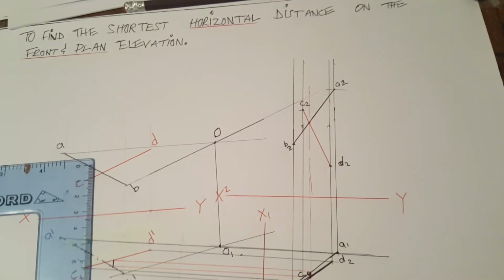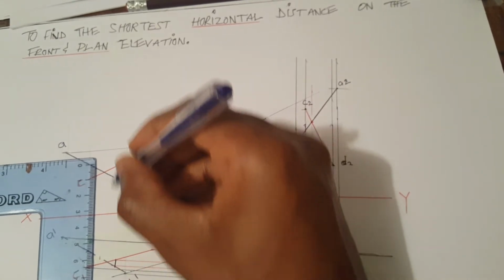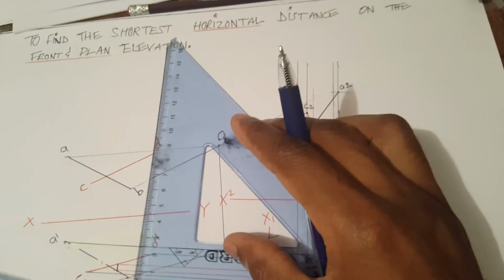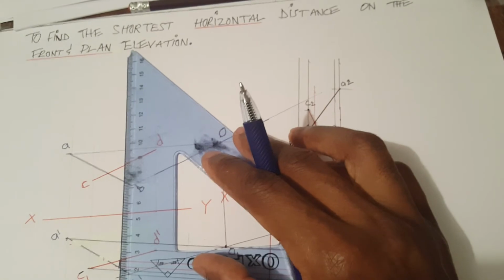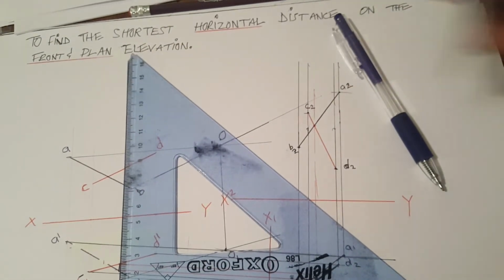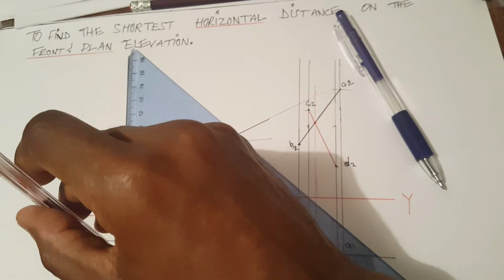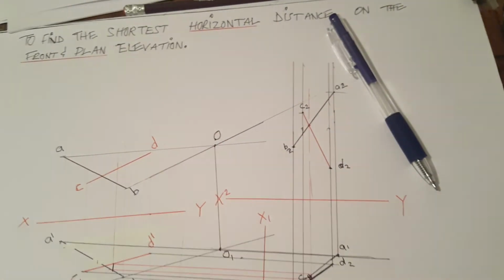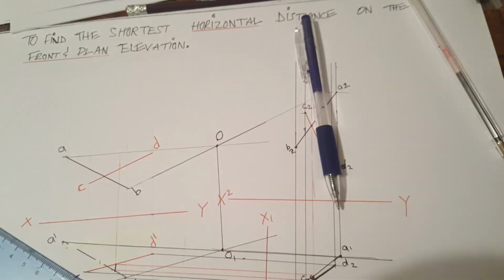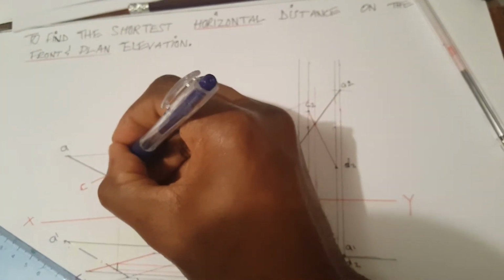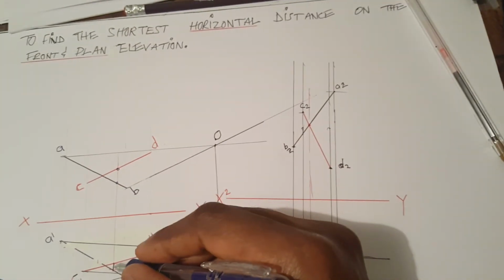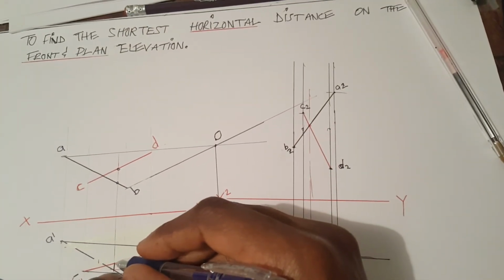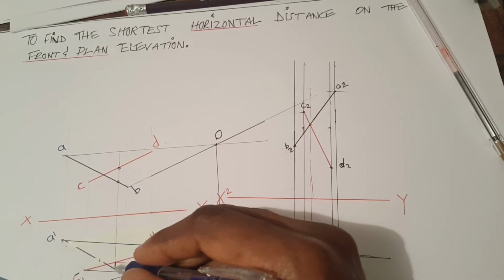I then bring these 2 points up to the front elevation by, of course, using parallel lines again. And from here to here is the shortest horizontal distance. By the way, this seems to be a vertical line. So I just bring those 2 points up.